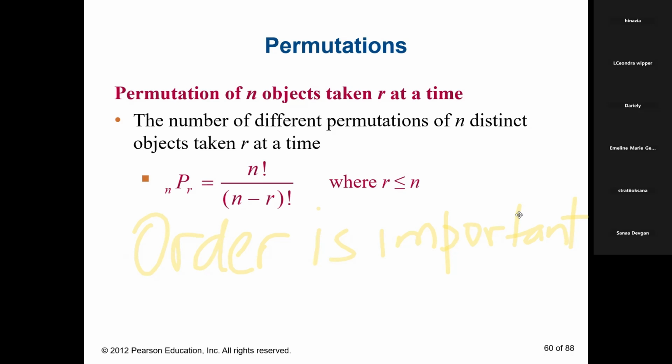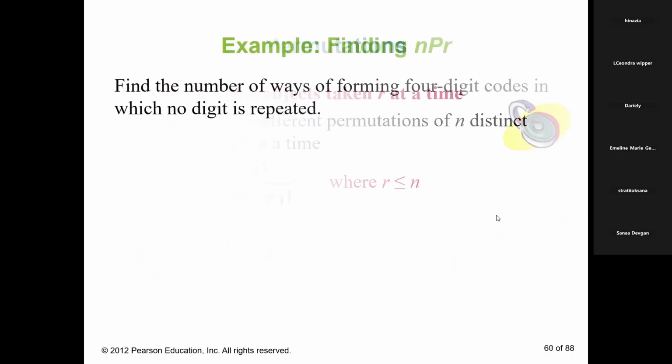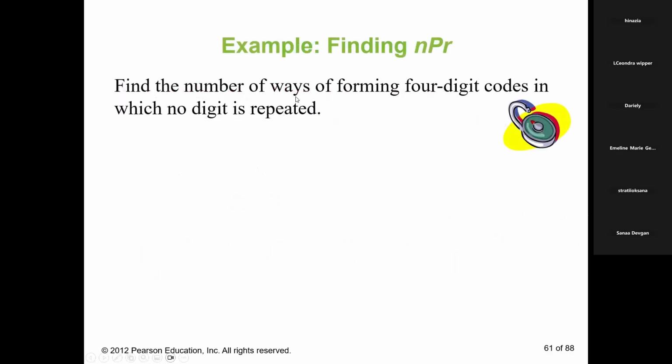Yes, Professor. All right, let me show you some examples of how you can calculate the number of permutations. Very simple. Find the number of ways of forming 4-digit codes in which no digit is repeated.